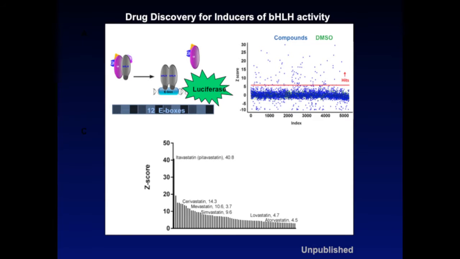And what I want to point out is deconvoluting what happens if we get increased BHLH activity or EBOX activity could wind up being a long process from an assay like this, because we might get increased BHLH activity by upregulating E47 expression, by downregulating an ID protein, by binding of a protein that phosphorylates IDs, and then that leads to a reduction in dimerization with E47.